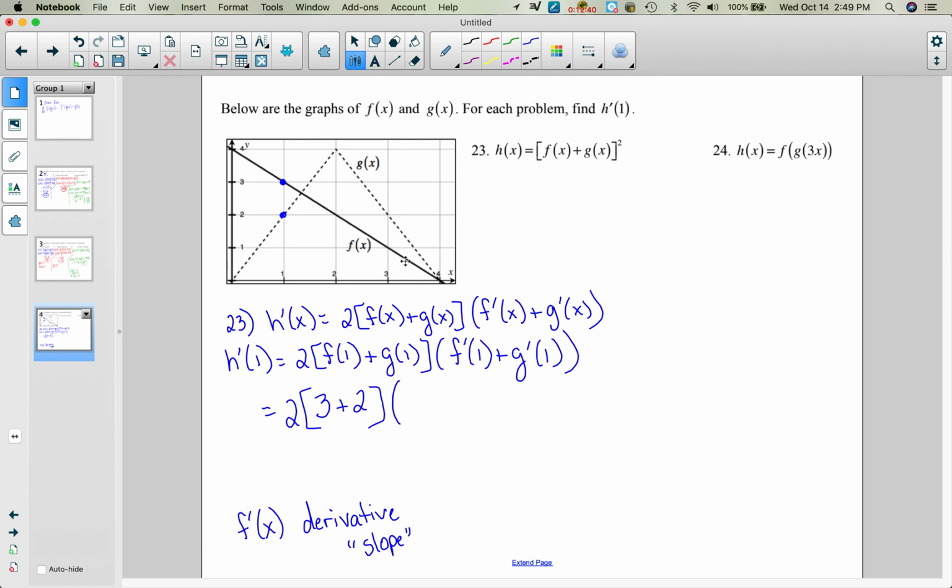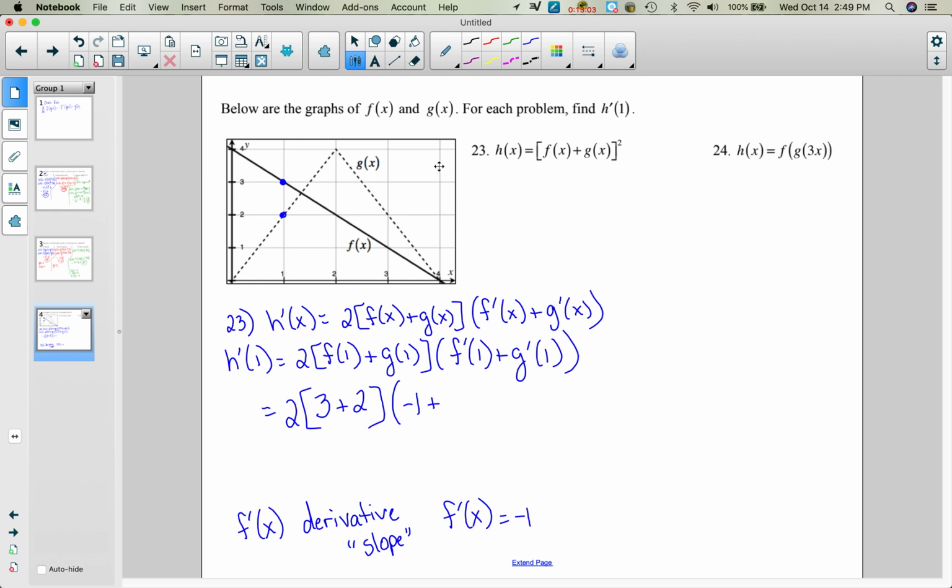So what is the slope? Well, it's a constant slope. Notice that we go down 1 and over 1. So the slope of f of x is negative 1. So f prime of x is always negative 1 because the slope is always negative 1. So f prime of 1 is negative 1.